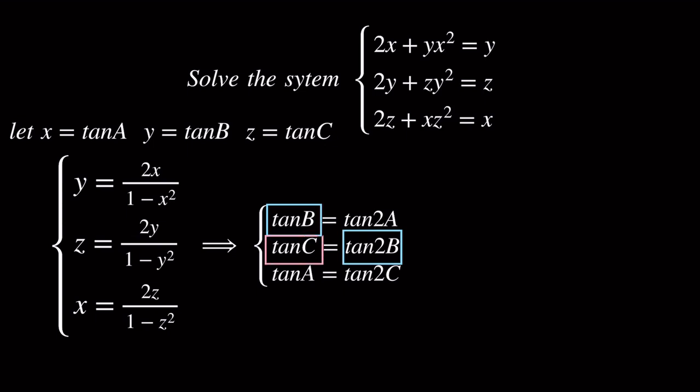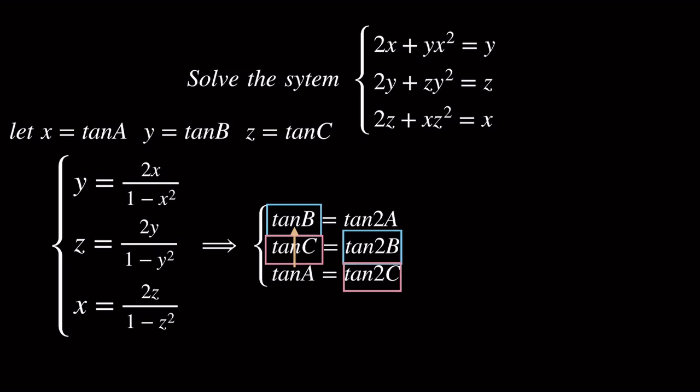But also note that tan C appears on the third equation as tan 2C. So if we're able to manipulate tan C to be tan 2C, we can write tan A on the first equation. So that means that we will have tan A equals tan something of A, which we can solve. So how do we do this?